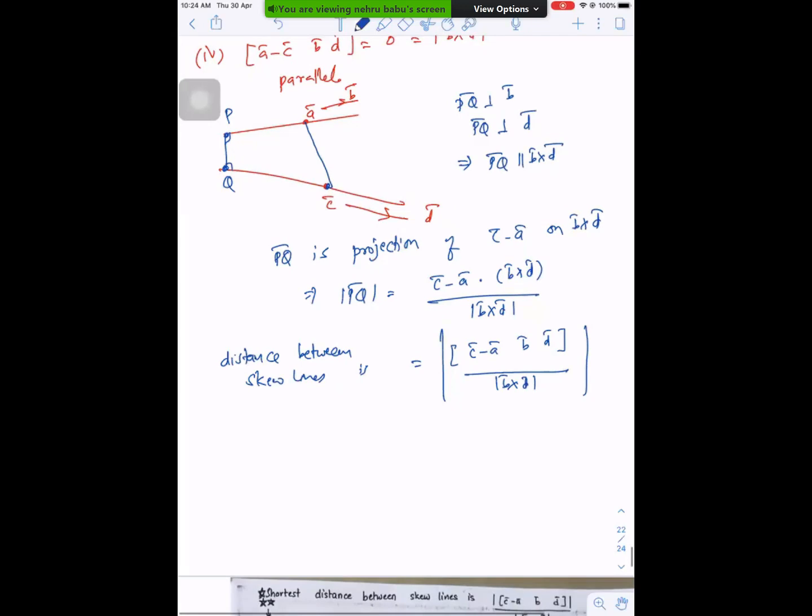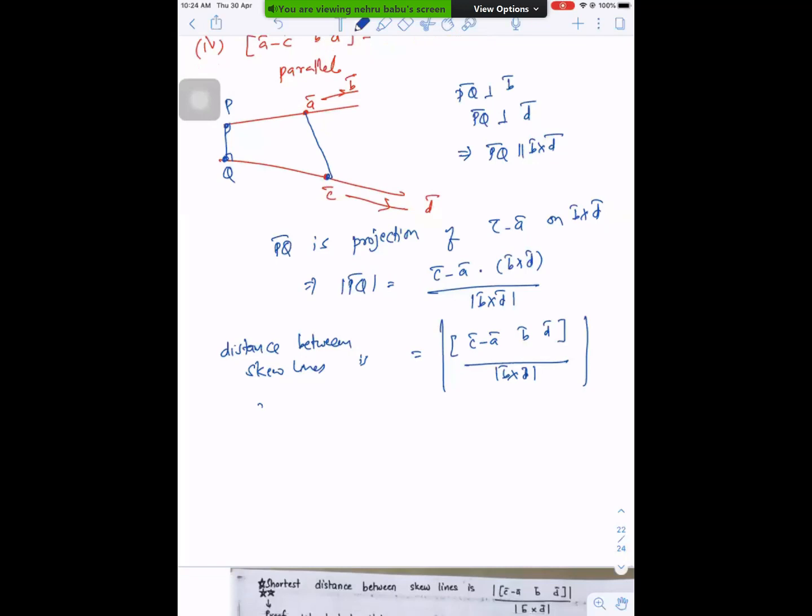Okay. Now how to find the coordinates of P and Q here? If they give two line equations, how to find the coordinates of P? In general, for example, if your line is like this, (x minus x1) by a1 equal to (y minus y1) by b1 equal to (z minus z1) by c1, this is one line, and (x minus x2) by a2 equal to (y minus y2) by b2 equal to (z minus z2) by c2.